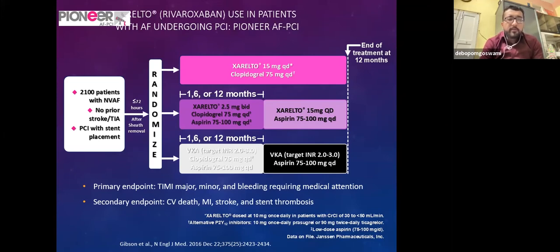And the third arm was the conventional triple therapy comprising the VKA, the clopidogrel, and the aspirin. The primary endpoint was again the TIMI major, minor, and bleeding requiring medical attention, and the secondary endpoint was CV death, MI, stroke, and stent thrombosis. Next slide.